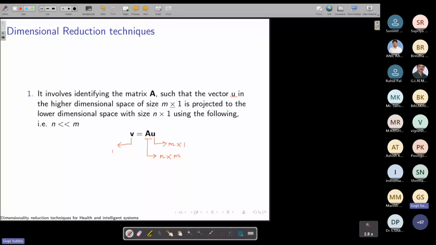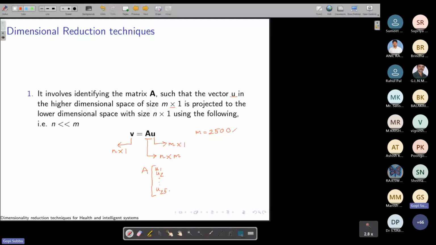For example, as I told you earlier, that image: your typical value could be m equal to 2500, and this vector size is 2500 cross 1, right? So you have the raw data collected by the sensors, like U1, U2, and so on up to U2500.